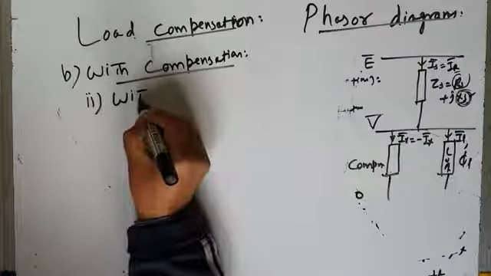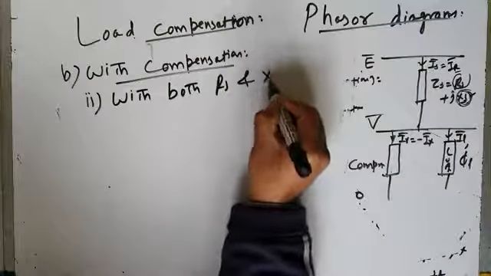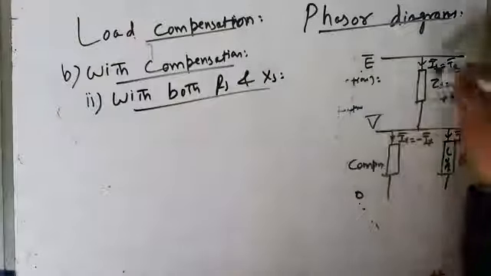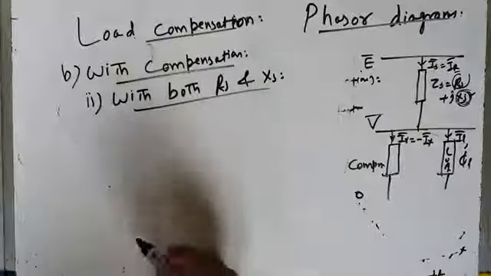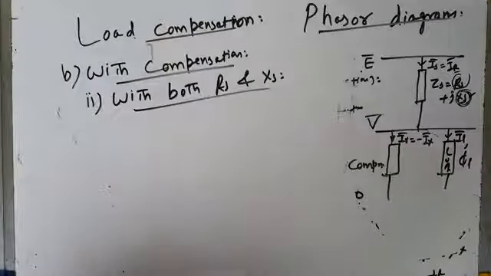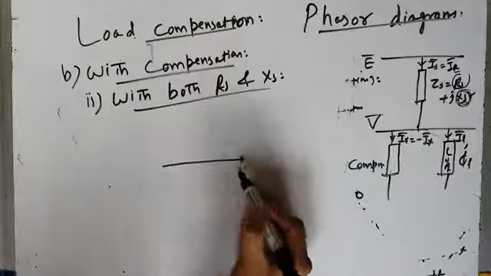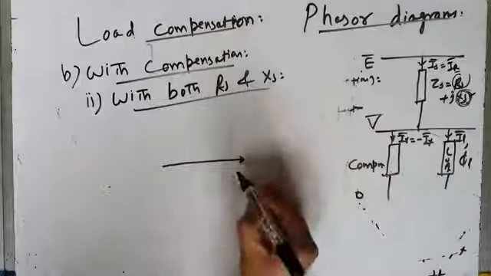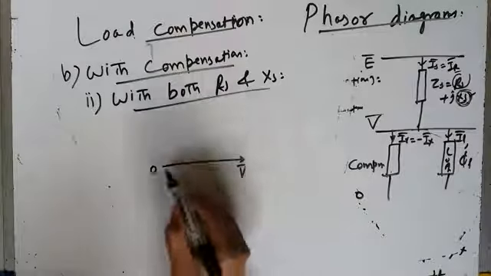With both Rs and Xs, that is, the line is having resistance Rs as well as reactance Xs. Let us see. चलिए देखते हैं. ये आपकी voltage है V, load bus voltage.